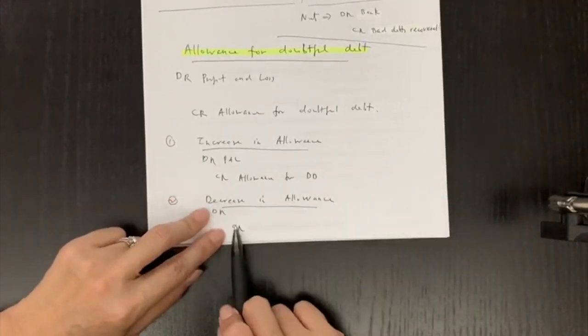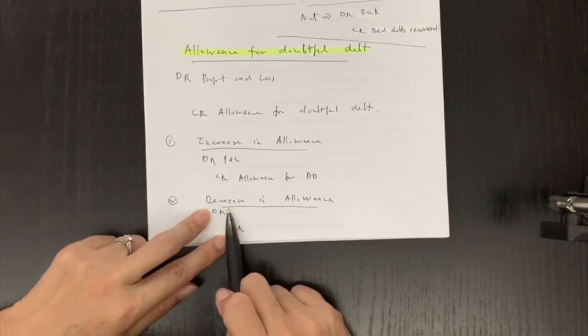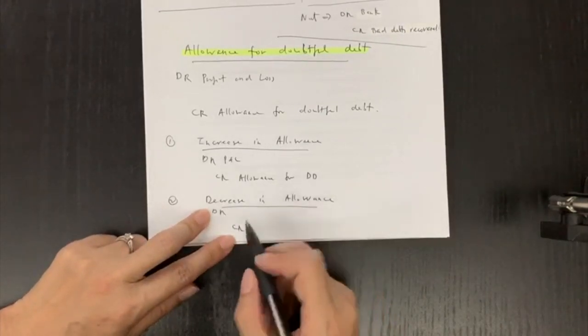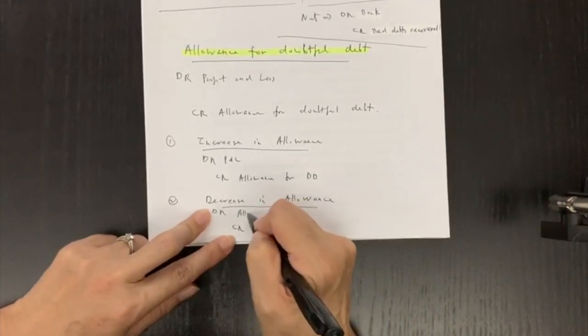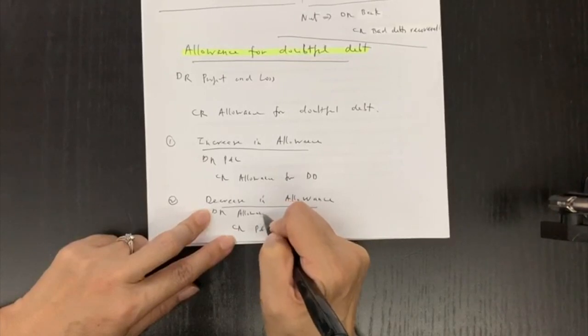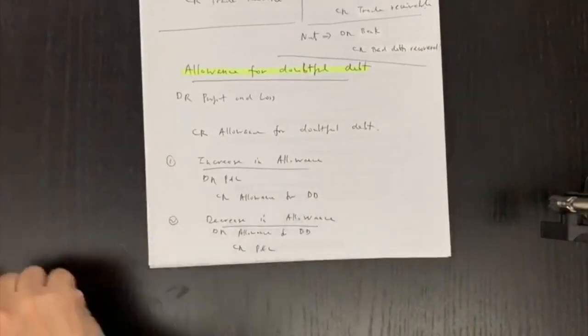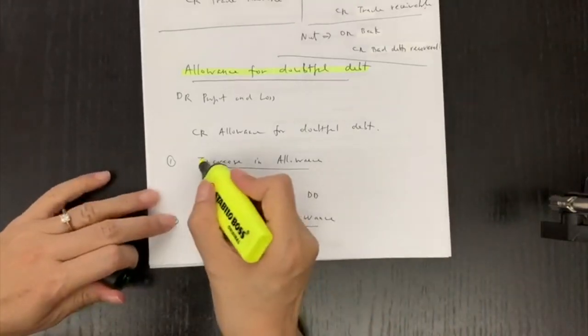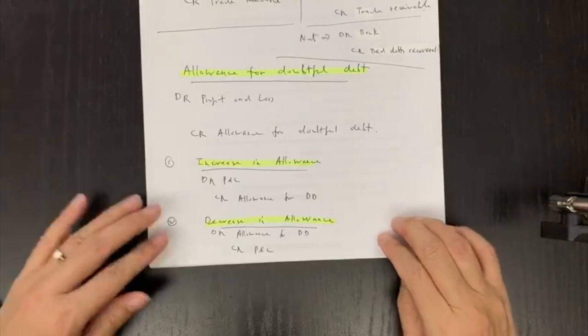Now the opposite for decrease. Decrease means closing is smaller than opening, which is a good thing. So we credit profit and loss and debit allowance for doubtful debts. Okay, so therefore this will be all the things in chapter 4.